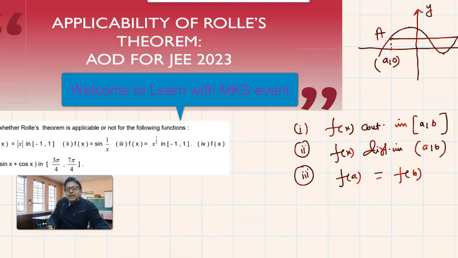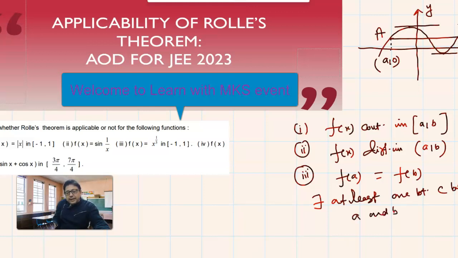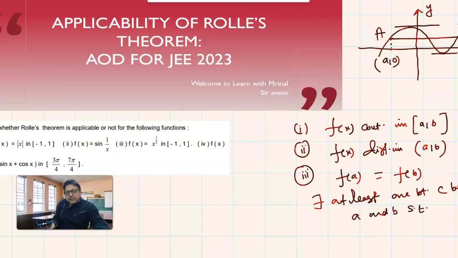In this graph you can see that there are 3 points where the tangent will be parallel to the x-axis. So there exists at least one point c between a and b, such that f'(c) equal to 0.